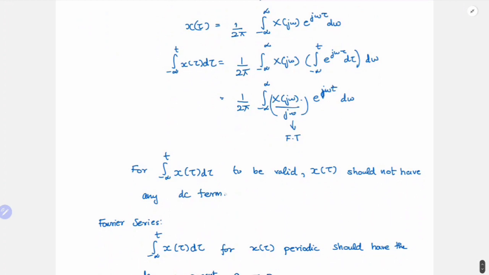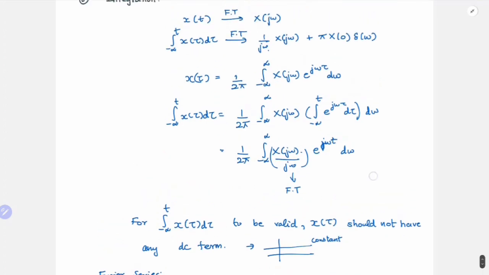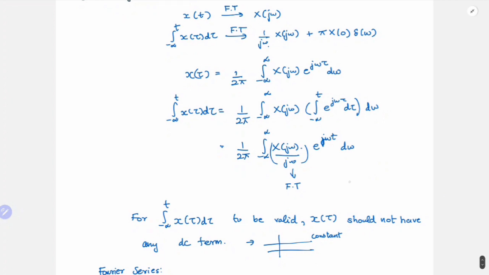And by dc term I mean if it is a constant signal, then that integral will be diverging, it will go to infinity. But this X of 0 is nothing but integral minus infinity to infinity x of t dt. So this is supposed to be finite anyway, right? So this can have a finite value. And this term diverges at omega equal to 0. So this is not valid for omega equal to 0. You need to consider this separately for omega equal to 0.